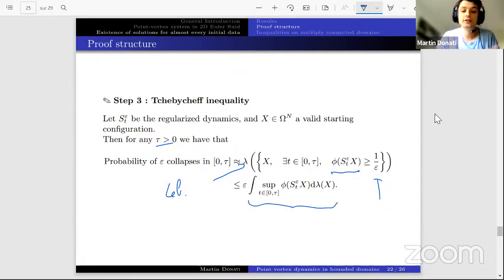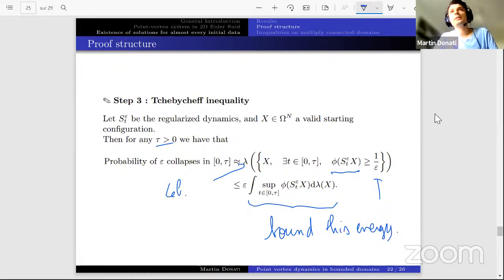If we can show that this term is bounded, then you have a probability of epsilon collapse that goes to 0 as epsilon goes to 0. Okay, so the probability of collapse will be 0 when taking the right intersection of epsilon going to 0. Okay, so what remains is to bound this energy.